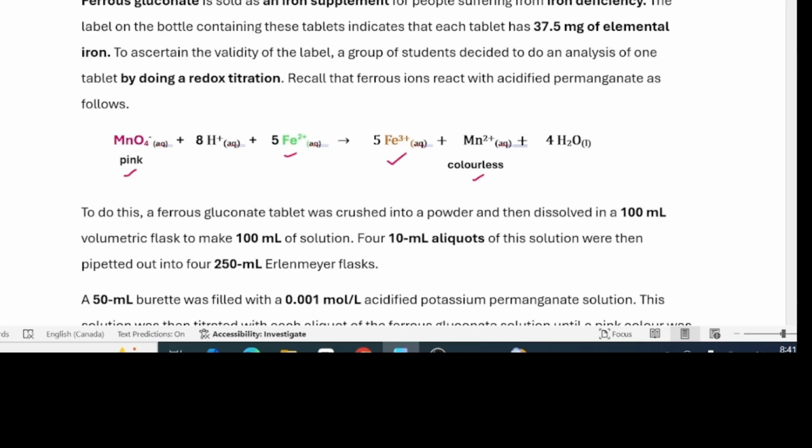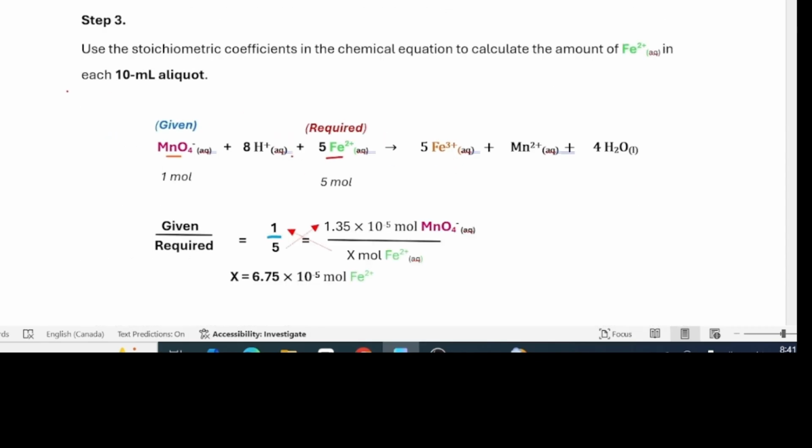Inspection of this balanced equation shows that 1 mole of permanganate reacts with 5 moles of iron. The next thing is to use the stoichiometric coefficients in the chemical equation to calculate the amount of iron 2 in each 10 milliliter aliquot.